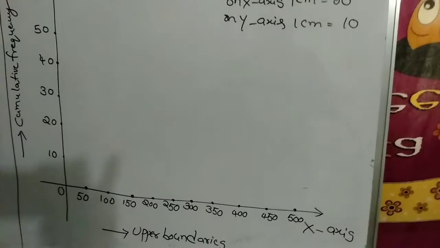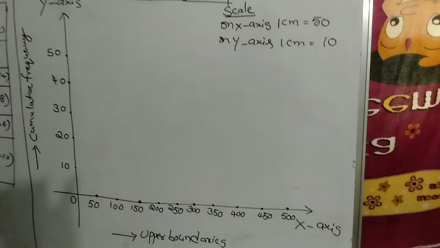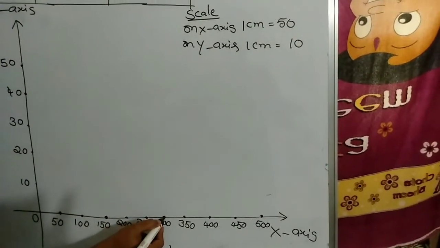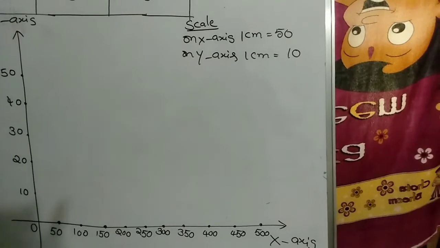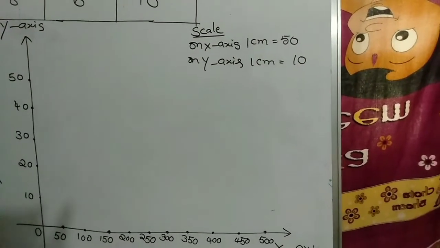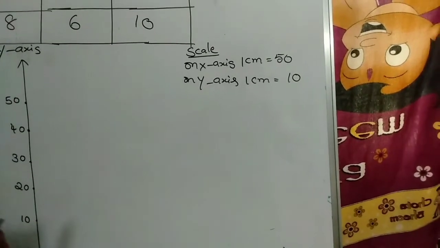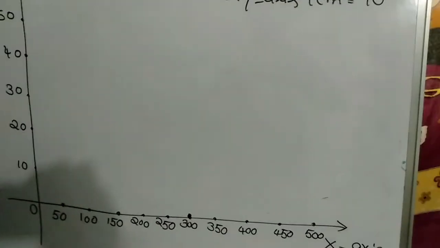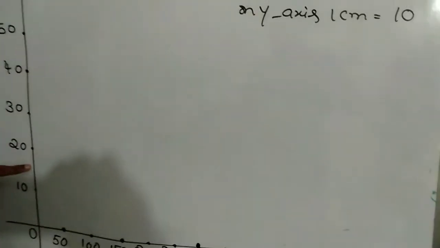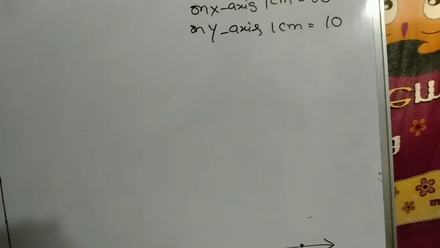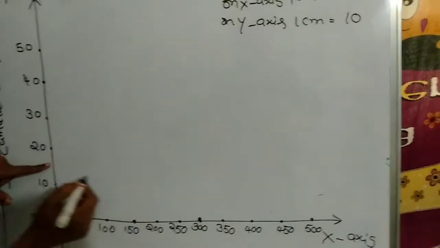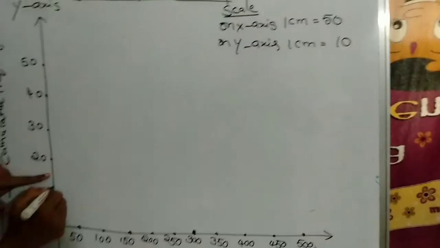The first point is 300, 12. 300 is taken as the x coordinate here and the point is 12. 12 is taken as the y coordinate on the y-axis. So 300 is here and for the y coordinate, it is 10, 11, 12.